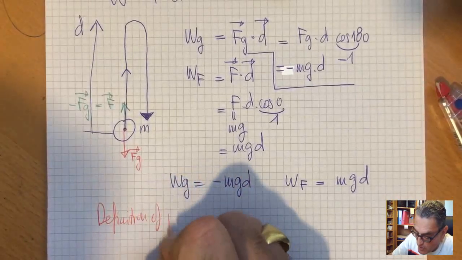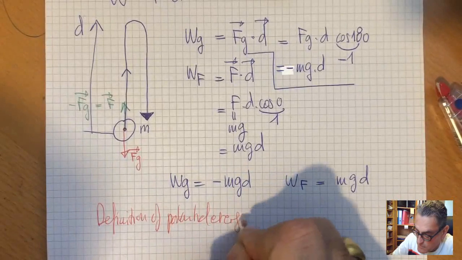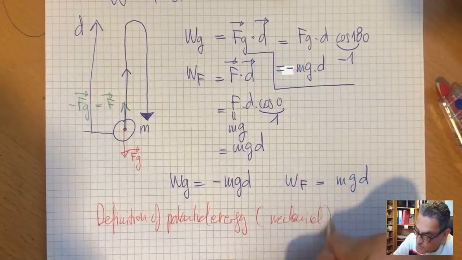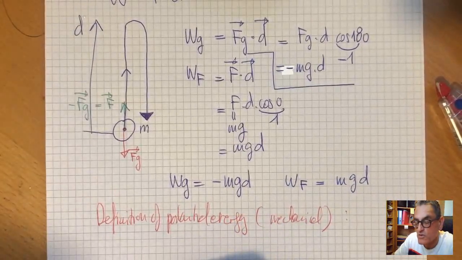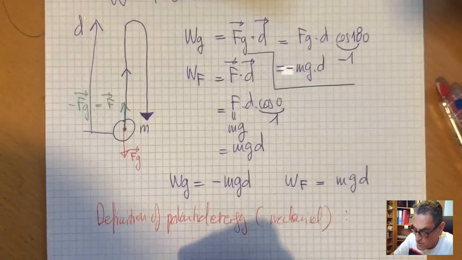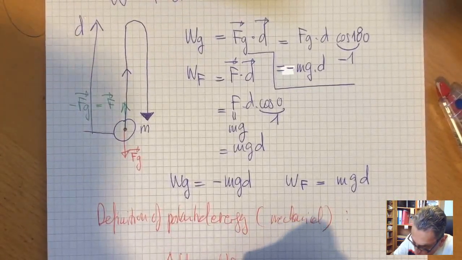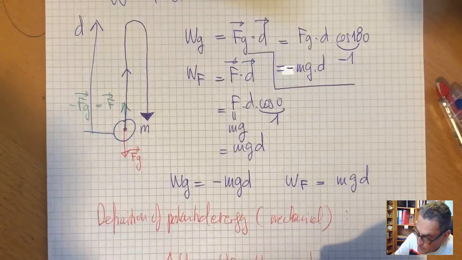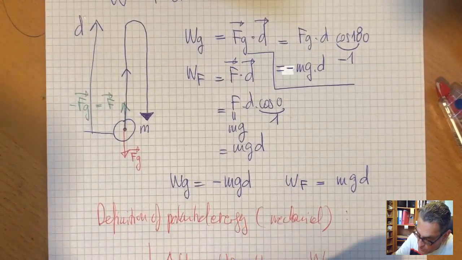Now we get to the definition of potential energy. This is the mechanical potential energy, of course. We say, and this is what you can see on your course at the next page, that delta U, which means the final potential energy minus the initial energy, is minus the work of the gravitational force.